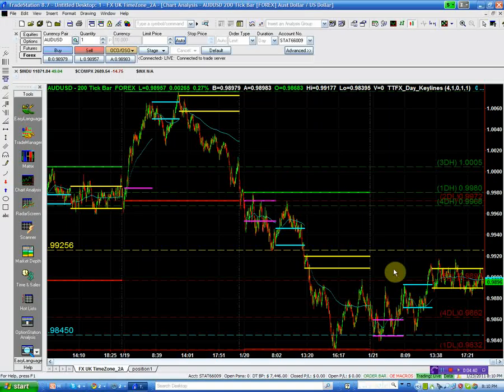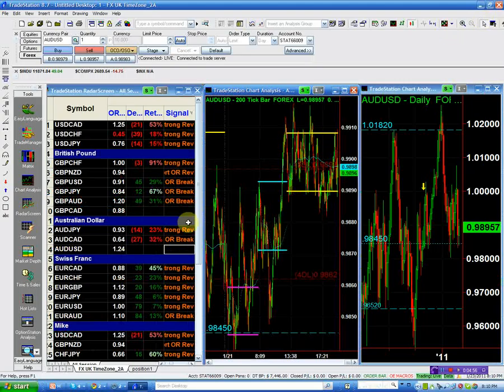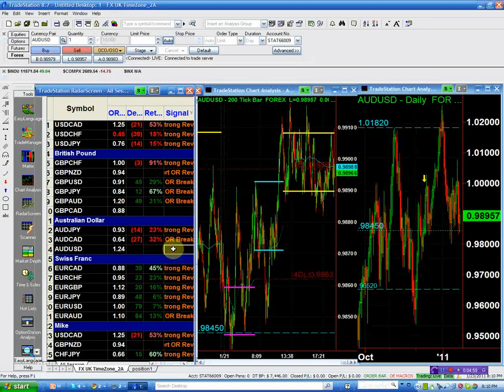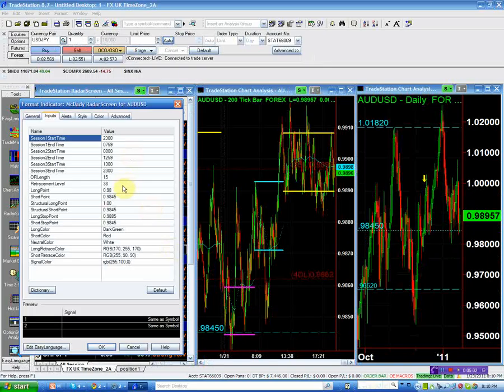So my buy point in the Aussie dollar is the 99.25 from last week, and if I do buy it at 99.25, I'm going to place my stop below 98.60. So my long point is 99.25, and if I do buy it, my stop is going to be below the 98.60 because I'm not going to give it too much room, because it is weak.